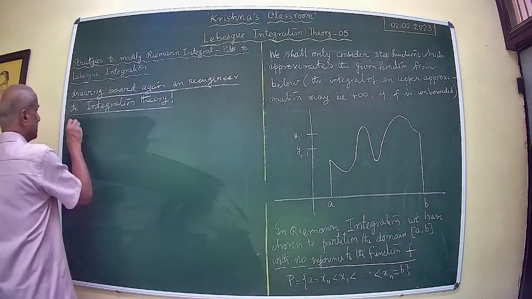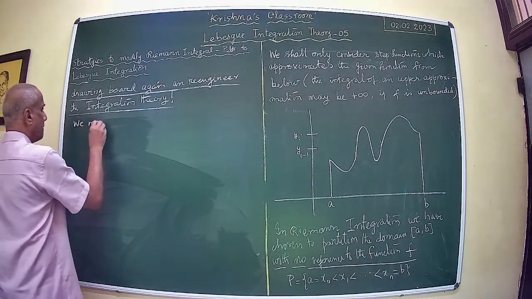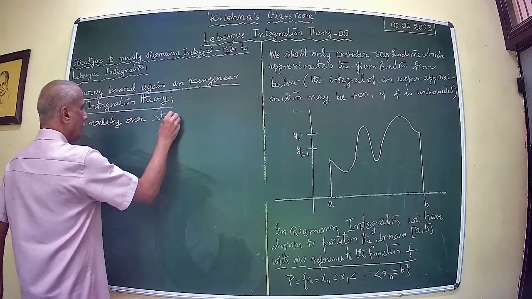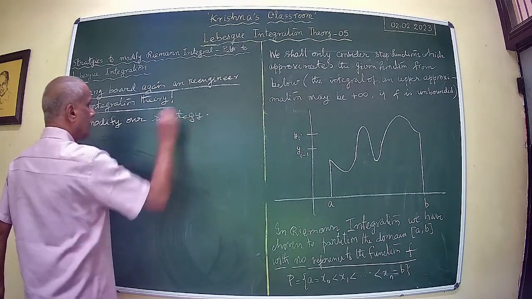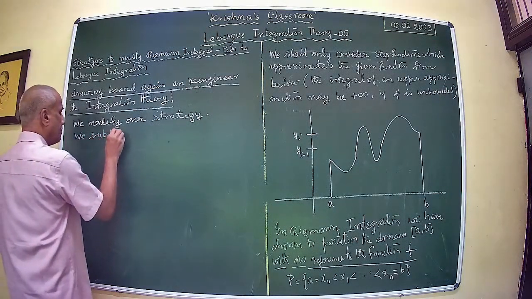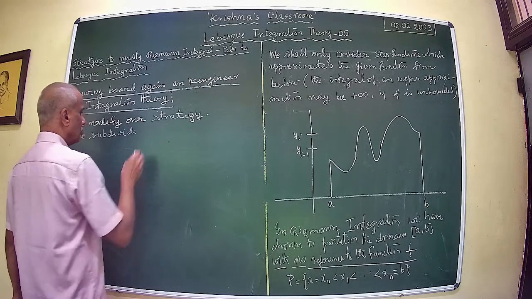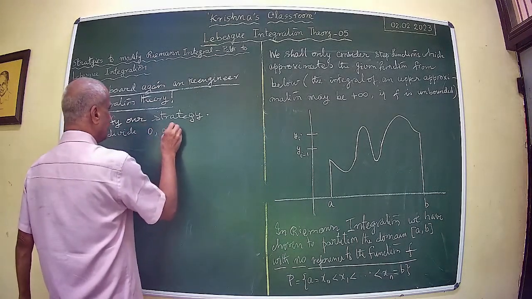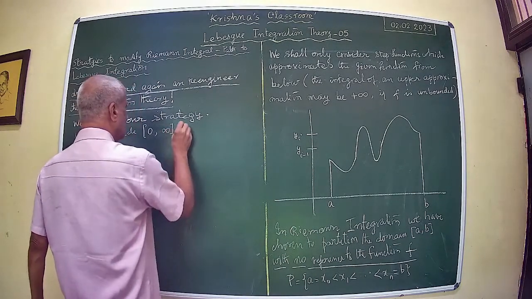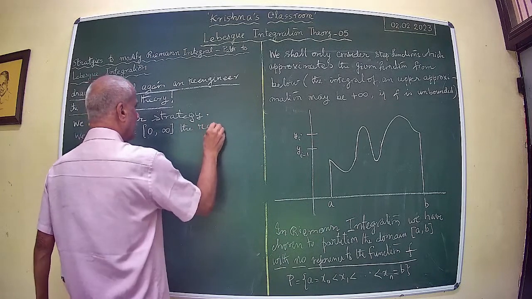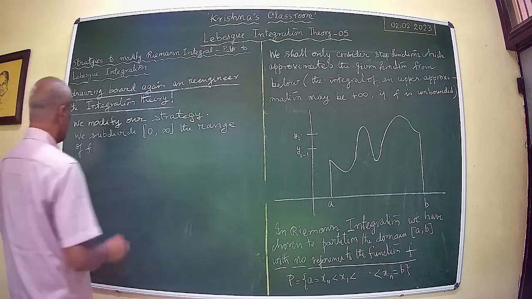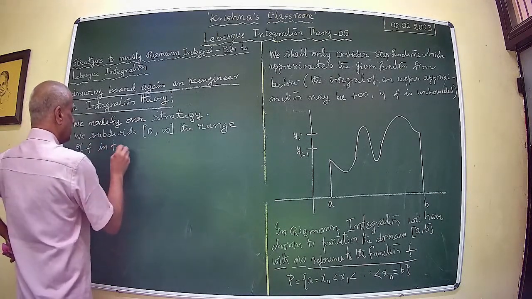So we modify our strategy. We subdivide the interval 0 to infinity into disjoint intervals.